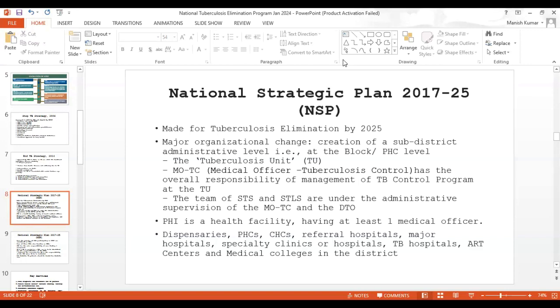Now the team of STS and STLS are under the administrative supervision of this Medical Officer Tuberculosis and the DTO. Previously, the STS and STLS were under the DTO.